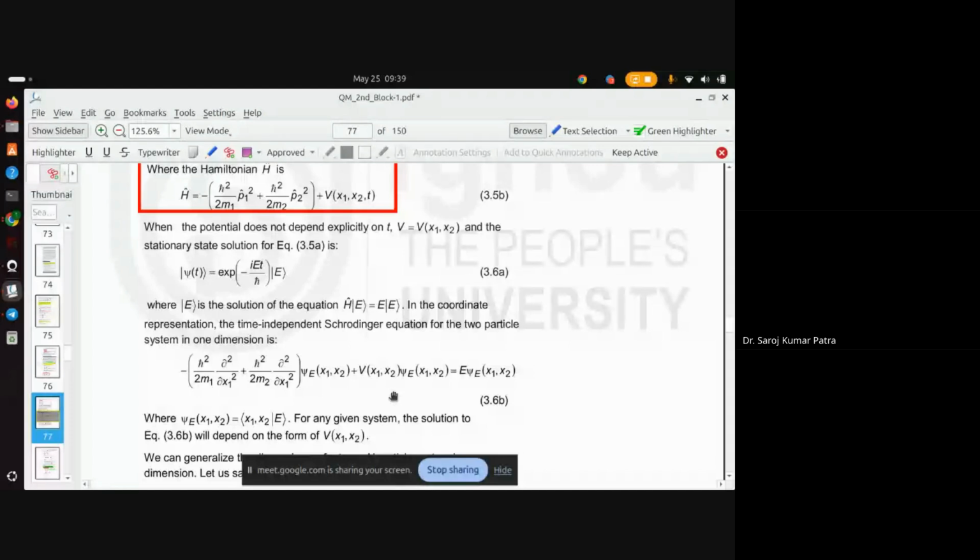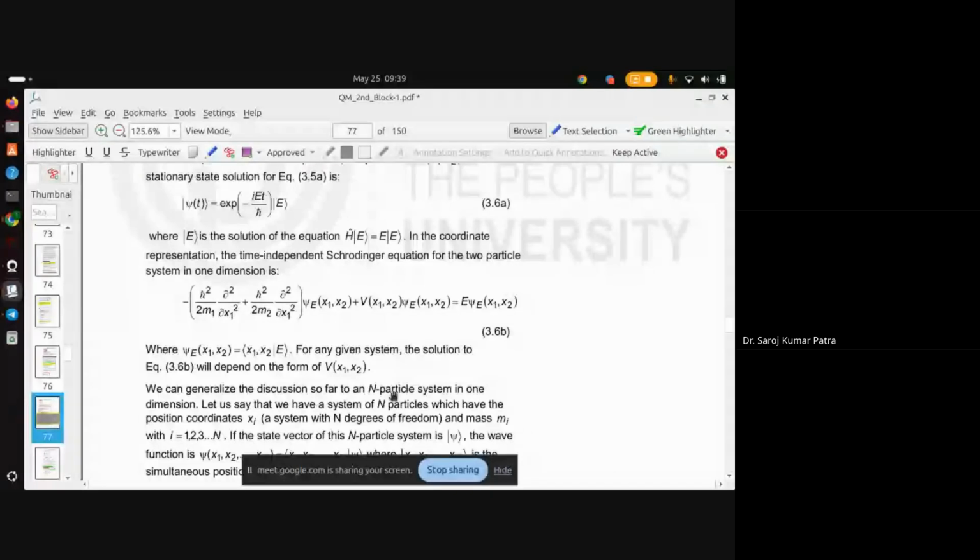Okay. So if we explicitly write, then we will write minus h cross squared by 2m1 del squared by del x1 squared plus minus h cross squared by 2m2 del squared by del x2 squared plus V(x1, x2), acting on psi_E(x1, x2), will be equal to E psi_E(x1, x2).